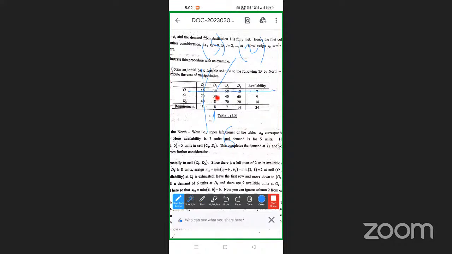The minimum of 6 comma 9, row wise 9 and column wise 6, is 6. So 30 is allocated 6, and the column requirement is 0, so cross out the entire column. So this is the remaining table 40, 60, 70, 20.